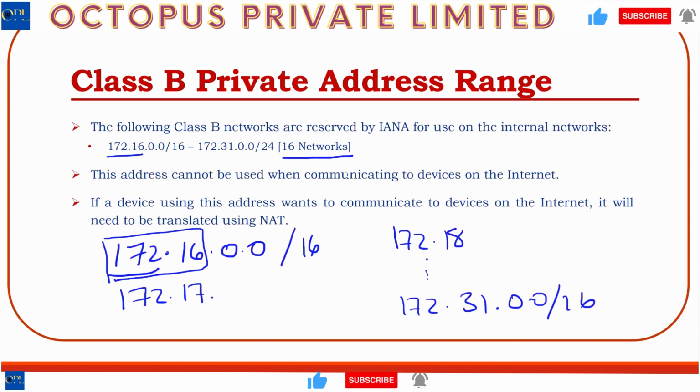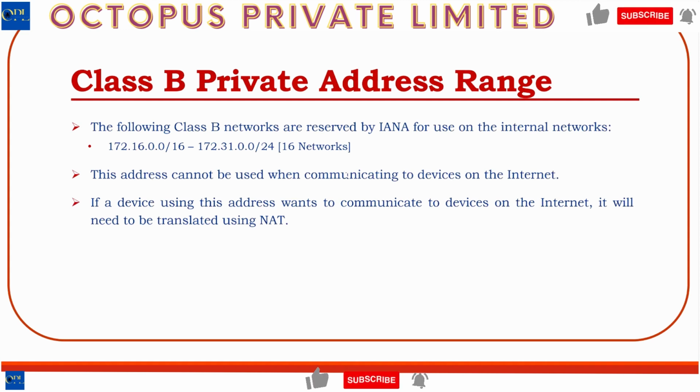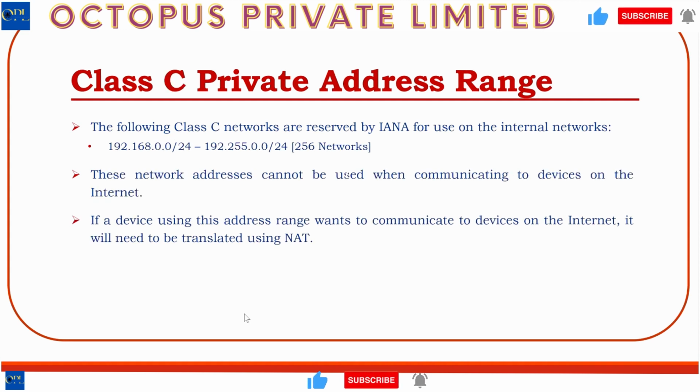As you already know, by looking at the first octet, 172.16 is a Class B network. That means the first 16 bits over here are the network bits. So this is my first Class B private network. The second one is 17. Third one is 18, so on and so forth.